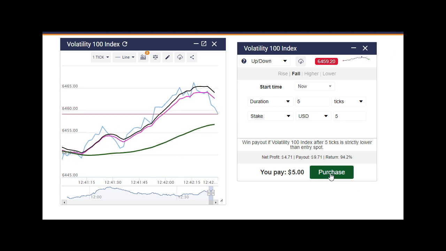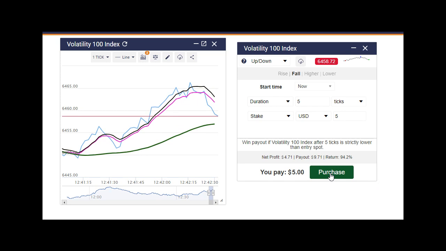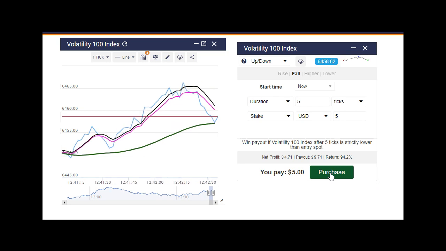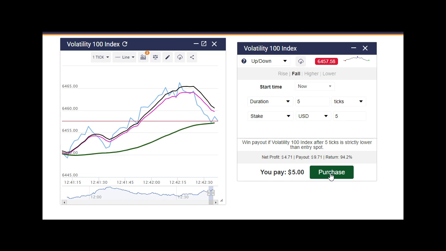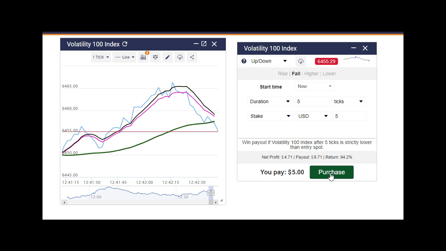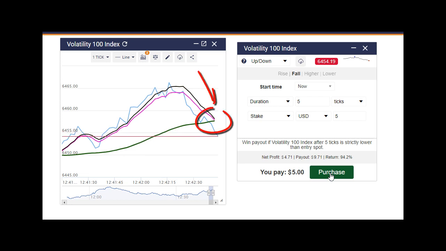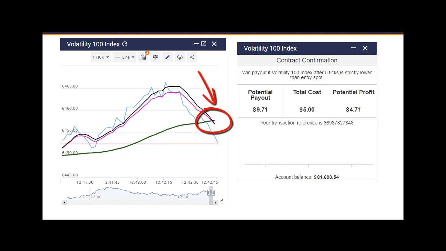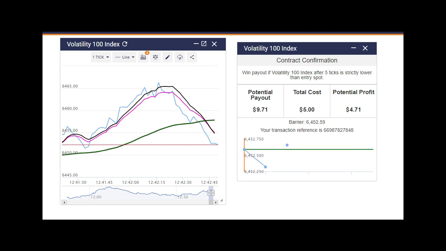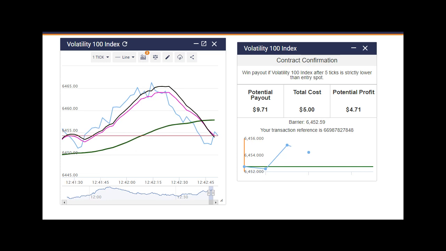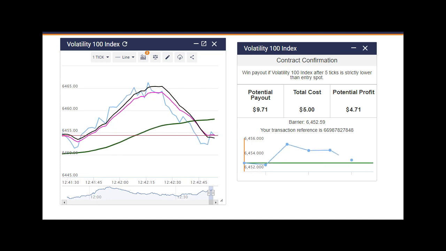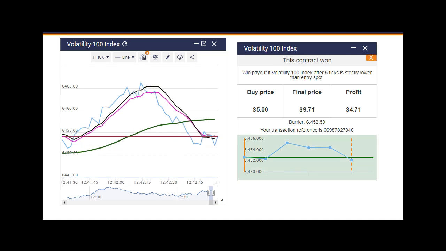Is it going to hit? Okay. Yeah, going down. We are avoiding 2 consecutive losses.